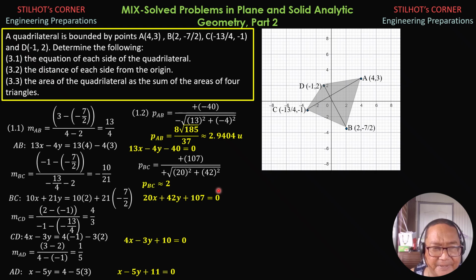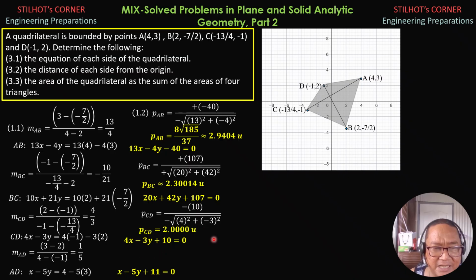In decimal, the distance is 2.30014 units. Then for the distance of the origin from CD, the origin is now below CD, so it's negative of positive 10 over negative square root of 4 squared plus negative 3 squared, and that is exactly 2 units.